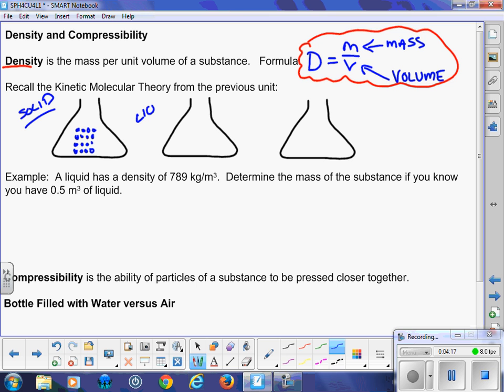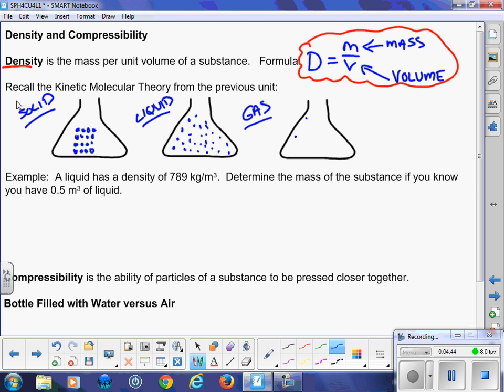Then we would have our liquid. If we drop the liquid in there, the liquid would go in, and you'd have many particles with looser bonds, but the particles would spread out and fill that entire flask. And then finally a gas. The difference is the density of the particles.